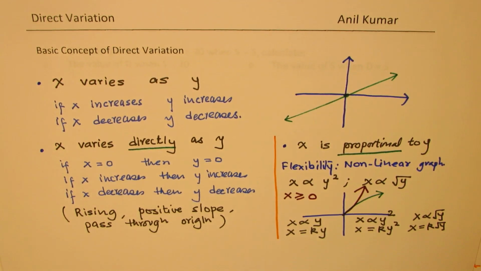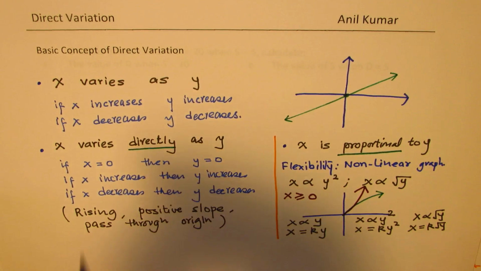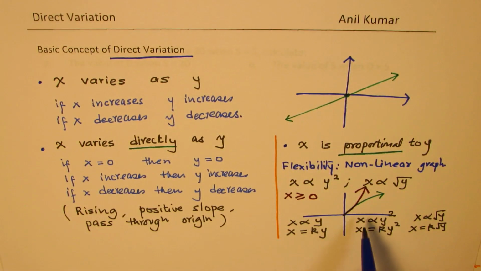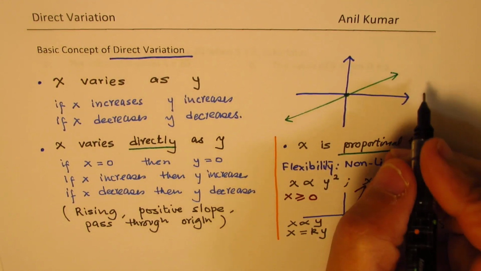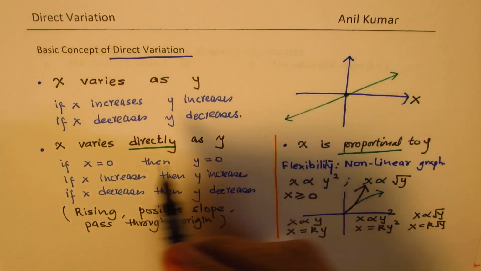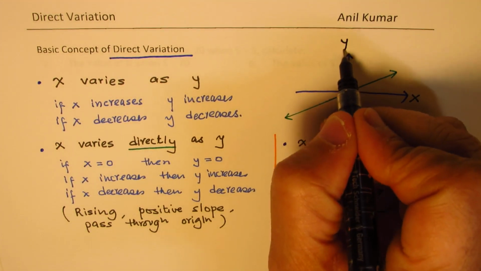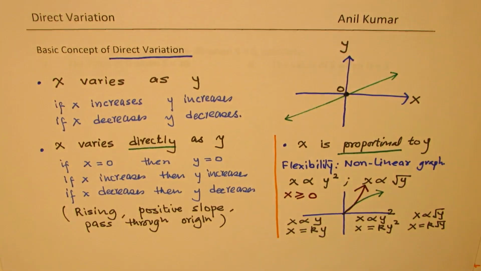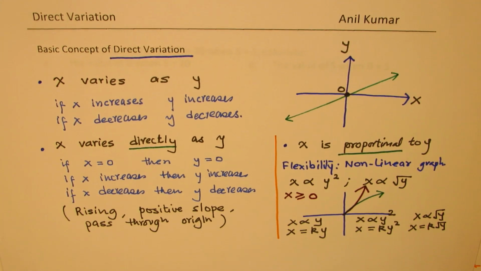So when we use proportional to, we provide more flexibility to our definition of direct variation. We are not restricting only to straight lines. Otherwise, if we use varies or directly varies, we are saying straight line and the graph will always go through the origin as shown here. So with this, let us begin to answer the questions. I hope this concept is clear.